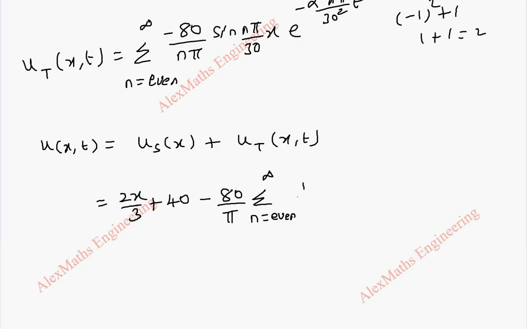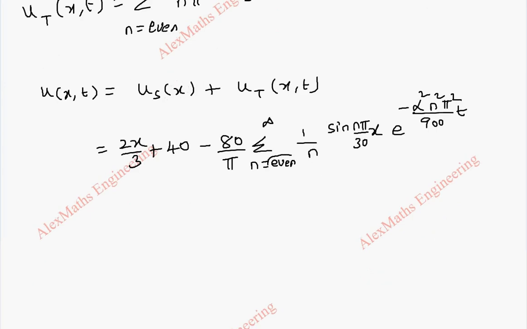We left with 1 by n, then sin n pi by 30x e power minus alpha square n square pi square by 30 square, which is 900 into t. And we can change this even to 1 to infinity by replacing n as 2n.